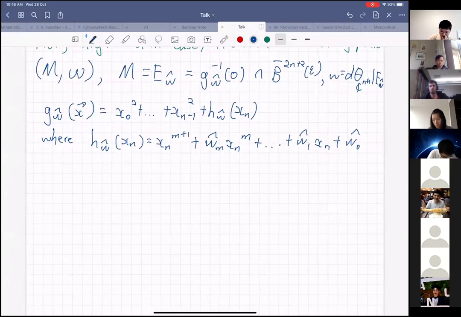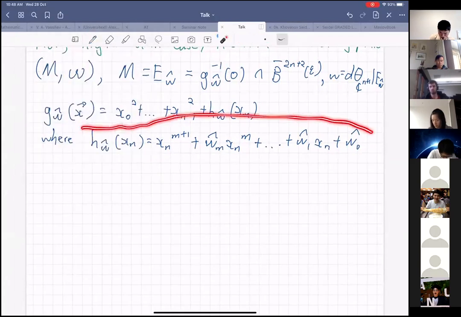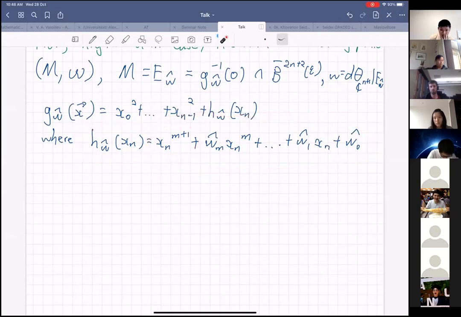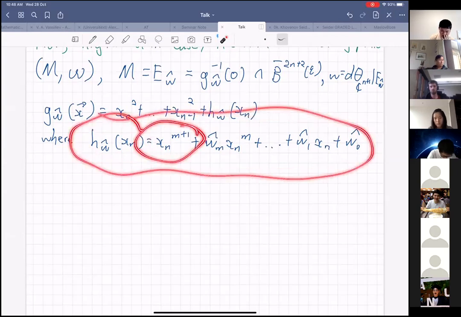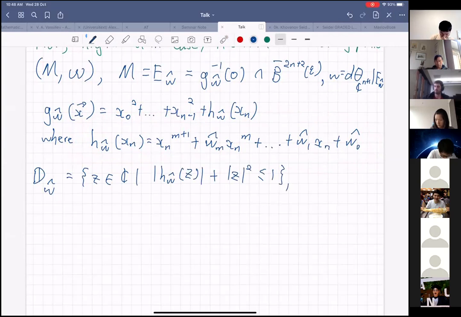Notice that the zero locus, or the roots of this polynomial, is n plus 1 roots. This is how we form this.